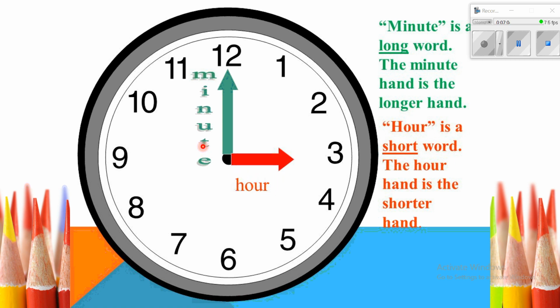Again, the word minute, M-I-N-U-T-E, has many letters. The word minute is long, so its hand is long, and the word hour is short, so the hour hand is short.